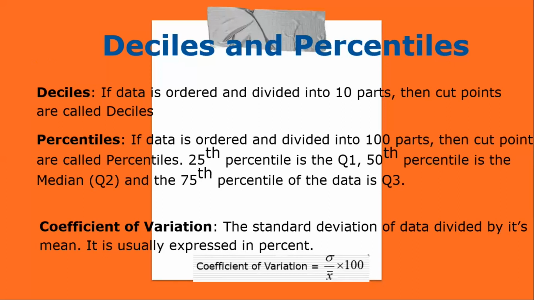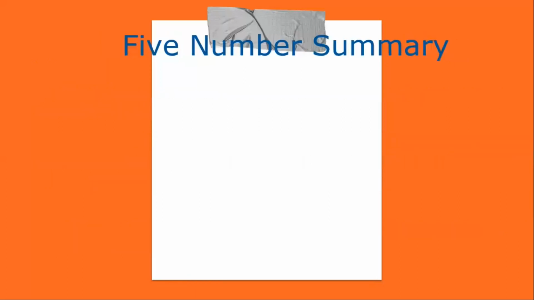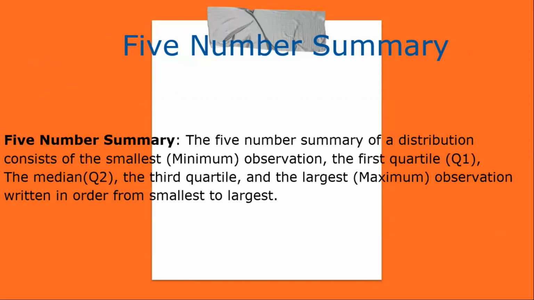5-number summary. The 5-number summary of a distribution consists of the smallest (minimum) observation, the first quartile Q1, the median Q2, the third quartile Q3, and the largest (maximum) observation, written in order from smallest to largest. Box plot.